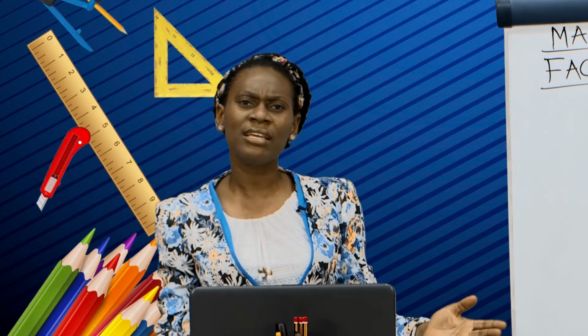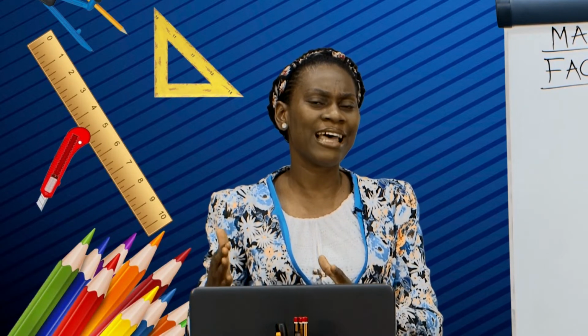So what is factorization? Factorization simply has to do with writing a given number in terms of other smaller numbers. And if it is an algebraic term, you break that algebraic term into smaller numbers and letters.